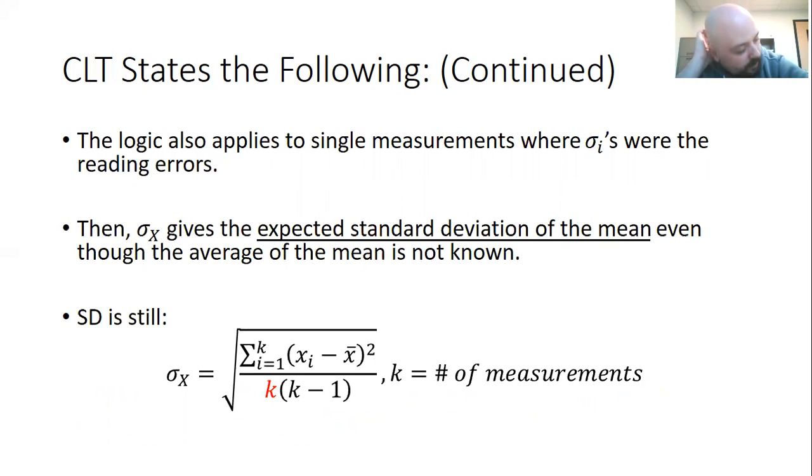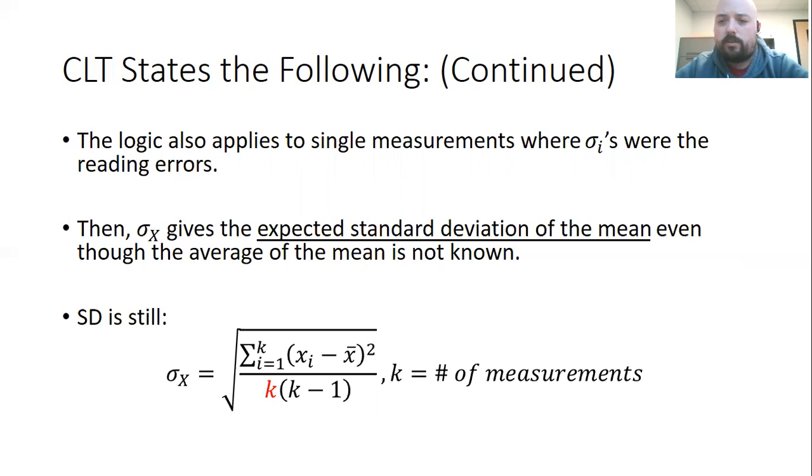All right, so this, as I just mentioned before, also applies to a single measurement when our sigma sub i's are treated as reading errors. What we can also do is take a single reading of, say, the voltage across a resistor, and then use our reading error as the standard deviation of the mean.